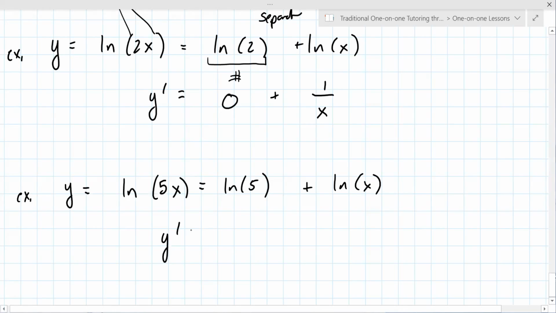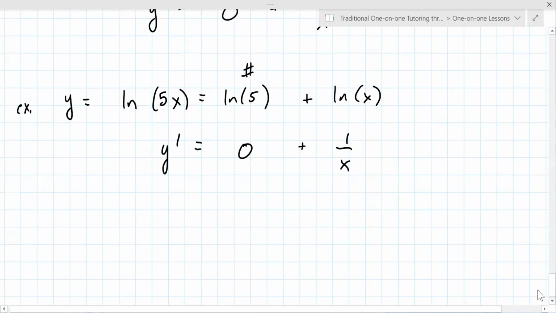The derivative of natural log of 5 is 0 because this is a number. And then the derivative of natural log of x is 1 over x. Are you following that? Yes.